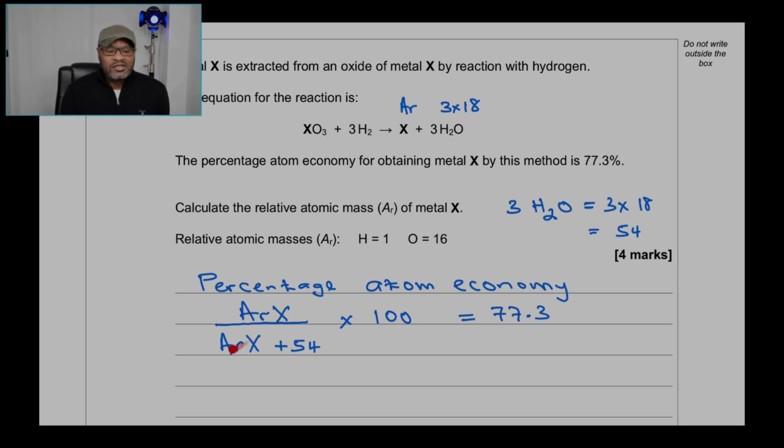So ArX divided by ArX plus 54, and that 54 is coming from the 3 waters. We times it by 100 because it's a percentage, equal to 77.3 for the X we're talking about here.